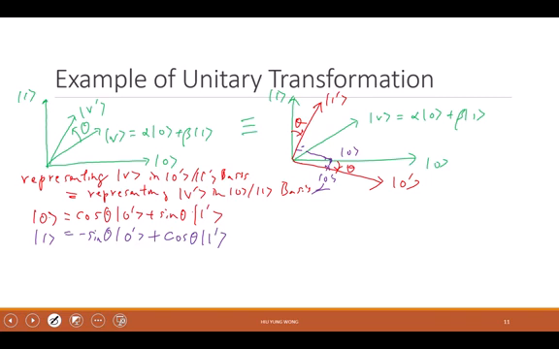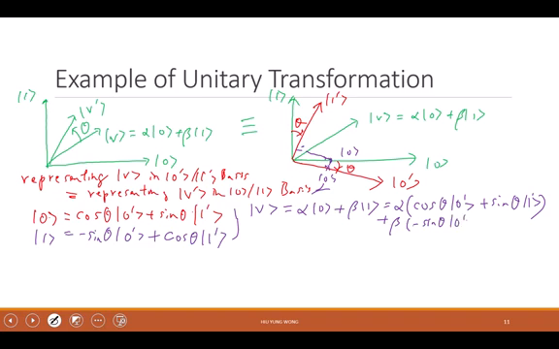So because of this, we can say, what is V? V equals alpha times 0, and then beta times 1, which means it is alpha times 0 is the whole thing, cosine theta 0 dash plus sine theta 1 dash, and then plus beta times minus sine theta 0 dash plus cosine theta 1 dash.